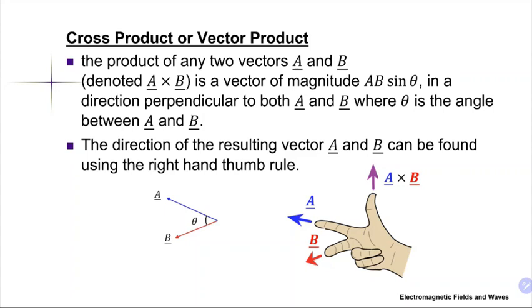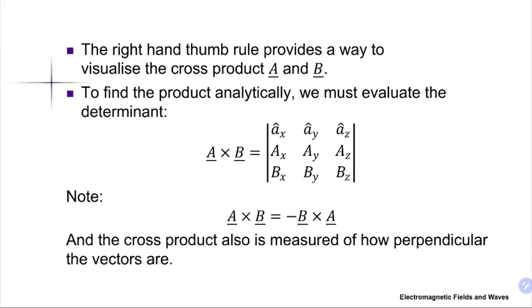So for the cross product A cross B, your thumb gives you the direction of the third vector. So A first, cross to B, and this gives you the direction of the vector. Okay, so that is if you want to work out the direction intuitively.